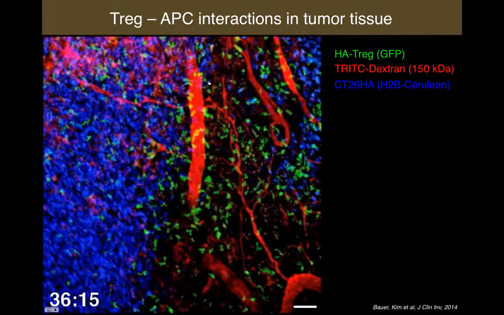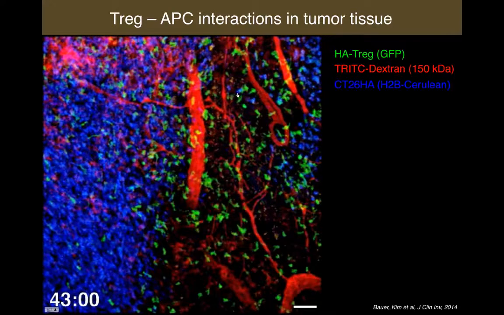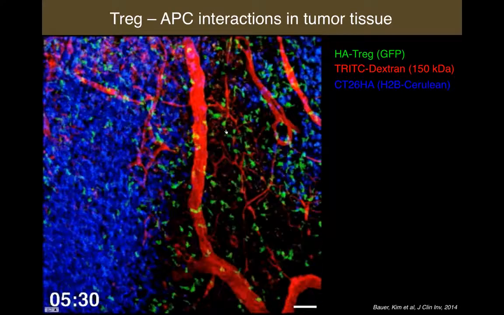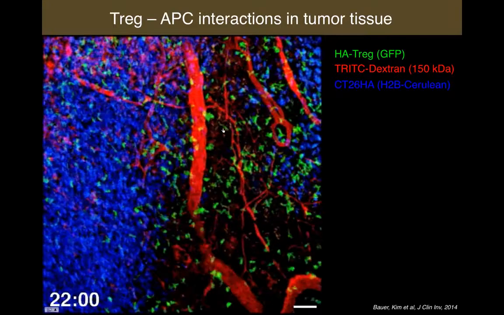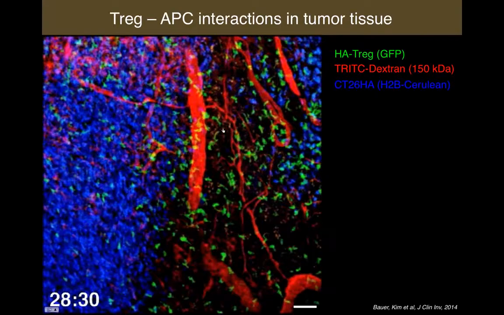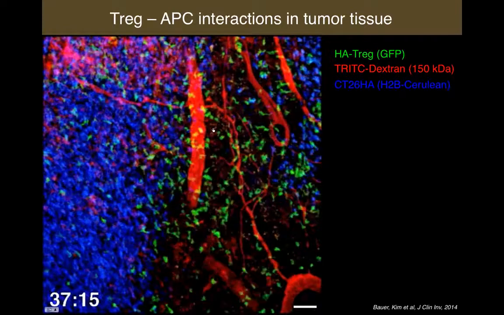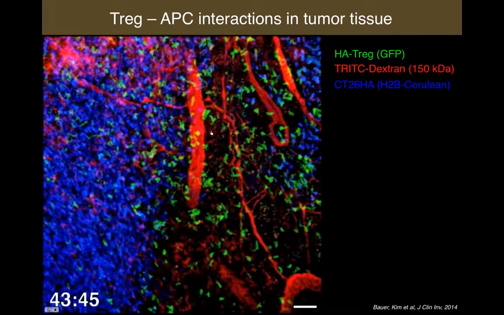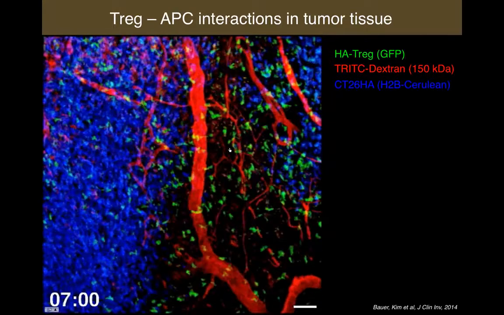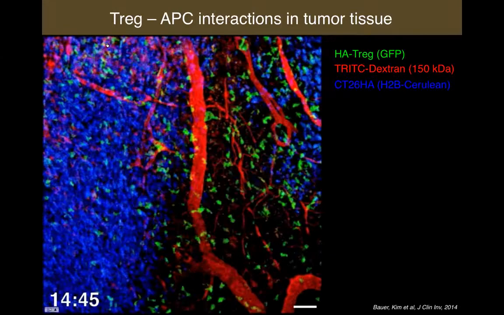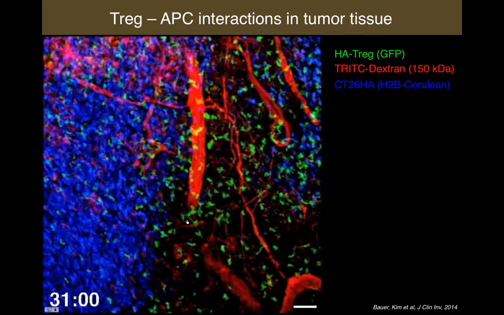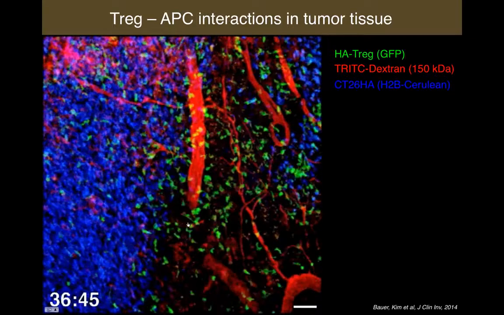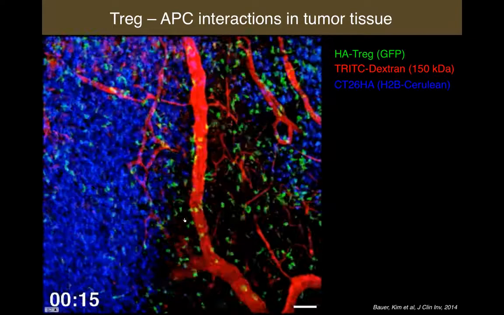And what you can see here is that these regulatory T cells are mostly quite migratory, despite the fact that they see their cognate antigen, which in other contexts you would expect to cause their migratory arrest. They form stable contacts with dendritic cells, for instance. But here they mostly migrate, and it is only in some areas, for instance, up here on the top left, or maybe here, where the cells stabilize the interactions.